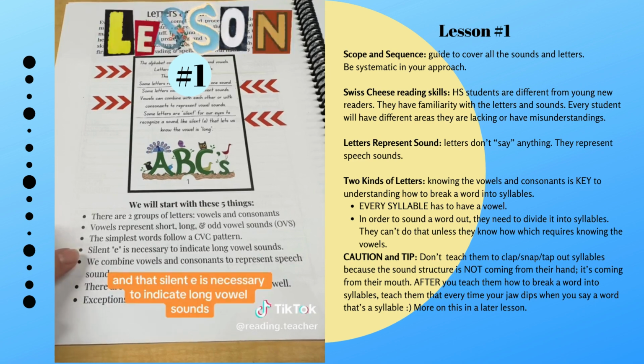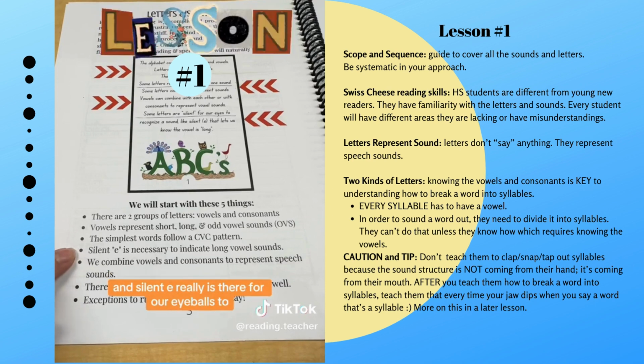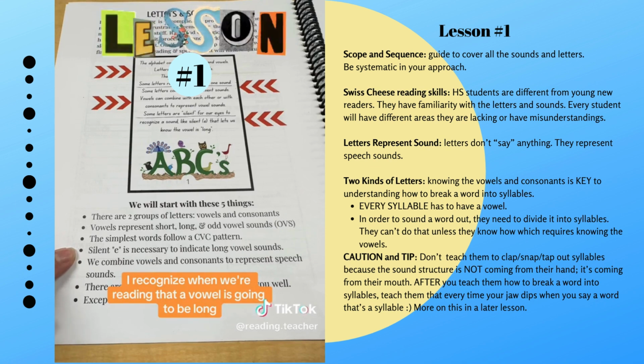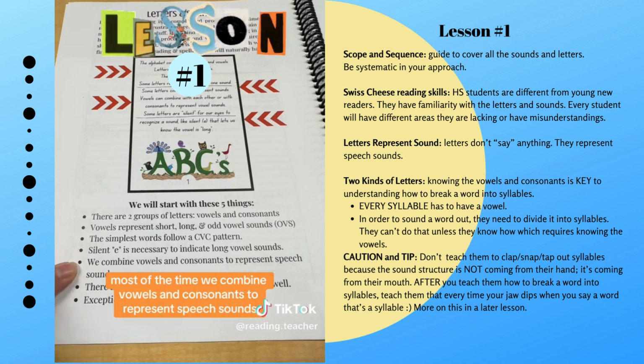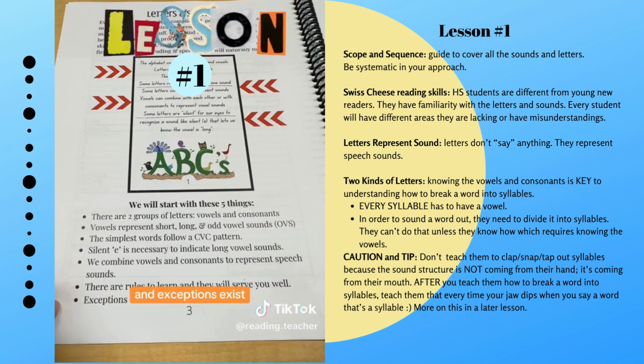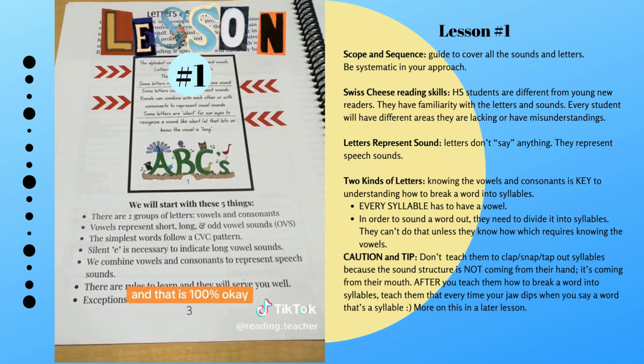And that silent E is necessary to indicate long vowel sounds, and that silent E really is there for our eyeballs to recognize when we're reading that a vowel is going to be long most of the time. We combine vowels and consonants to represent speech sounds, and there are rules to learn, and they're going to serve them, and exceptions exist, and that is 100% okay.